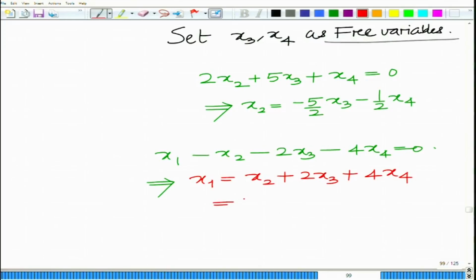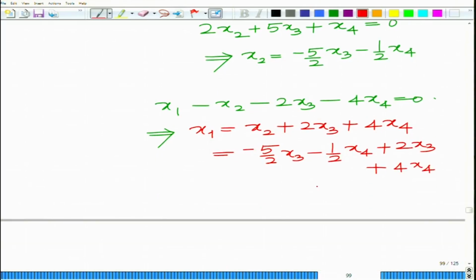Now, substitute for x2: minus 5 by 2 x3 minus half x4 plus 2x3 plus 4x4, which is 2 minus 5 by 2, that is minus half x3, plus 4 minus half, that is 7 by 2 x4.